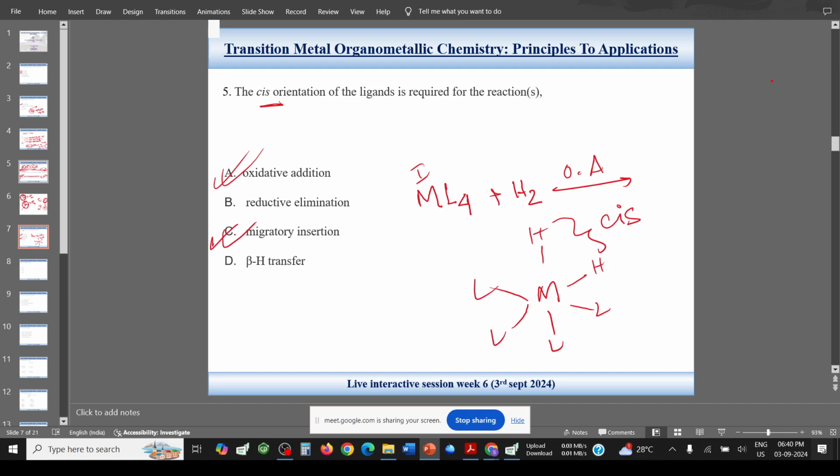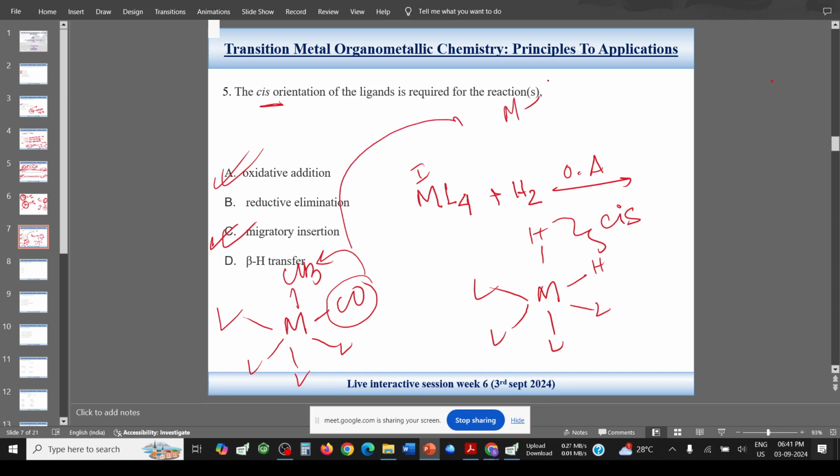So migratory insertion, let's say we have M-CH3 and CO, and we have another L. Now the insertion of CO in the methyl group gives M, you can write here M-CO-CH3, and the other L remains fixed. We are not discussing it here, this is just for example.